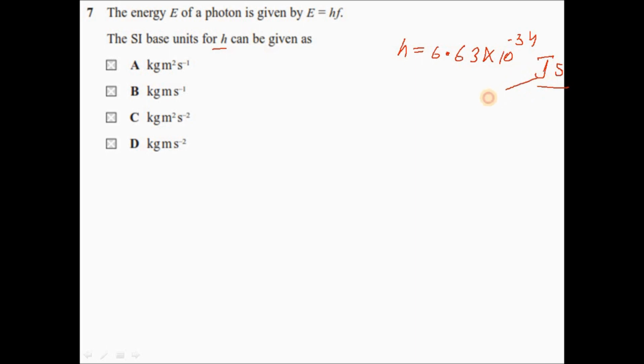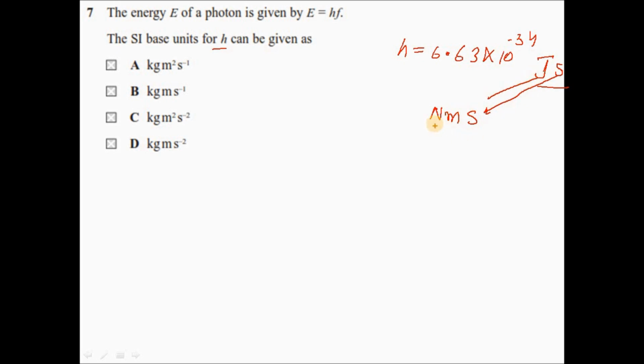So you can rewrite joule as Newton meter, because joule is force times distance. Meter is the distance, and second is there, and Newton meter is in place of joule.